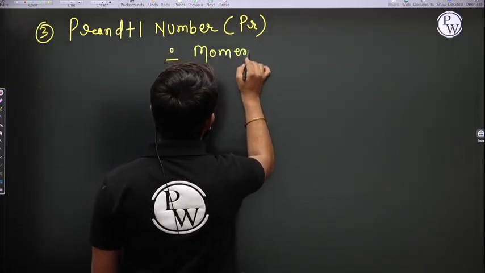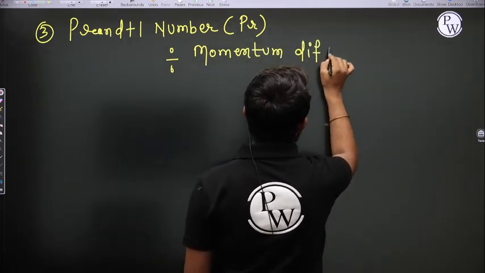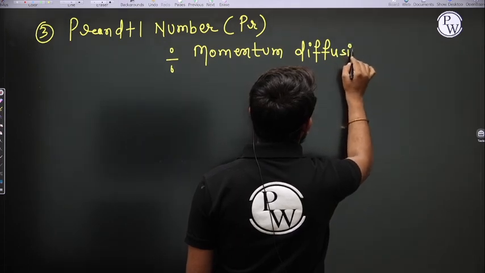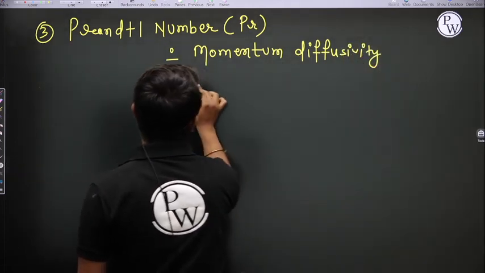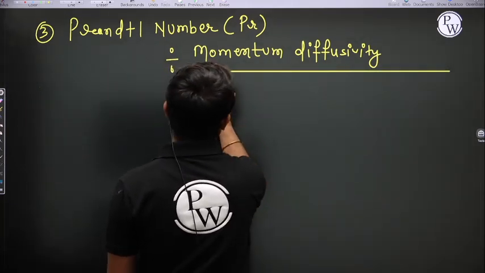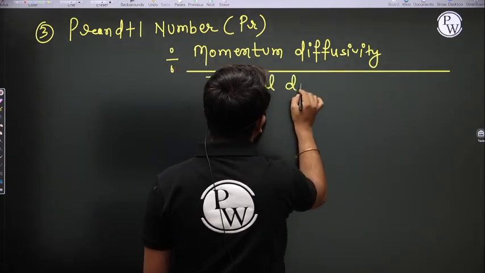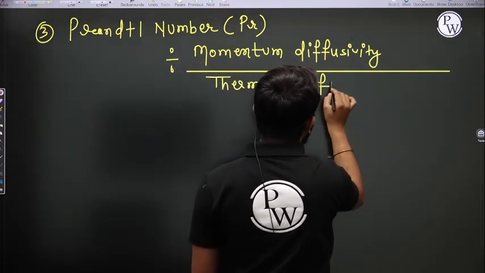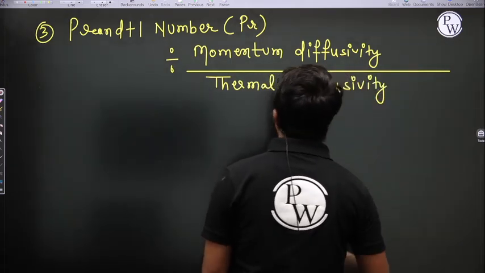Prandtl number is the ratio of momentum diffusivity to thermal diffusivity.